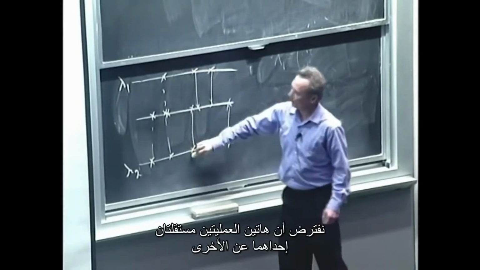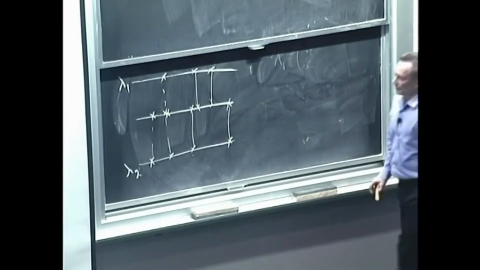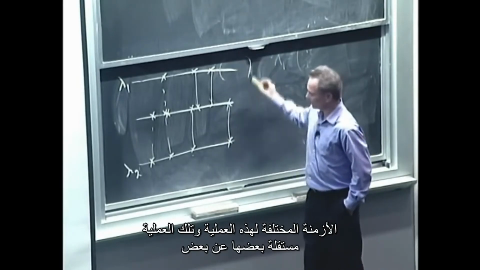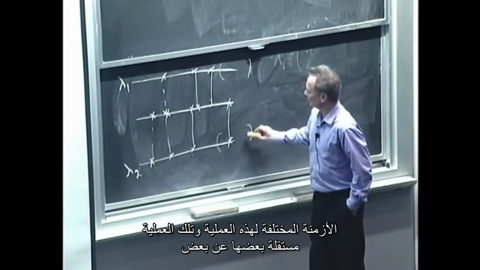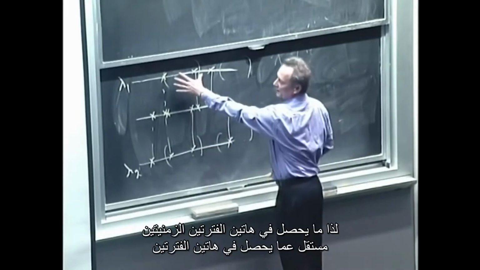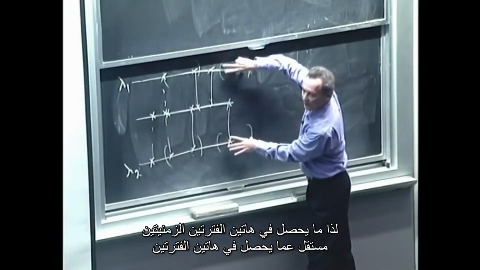This process and that process are assumed to be independent of each other. Now, different times in this process and that process are independent of each other. So, what happens in these two time intervals is independent from what happens in these two time intervals.